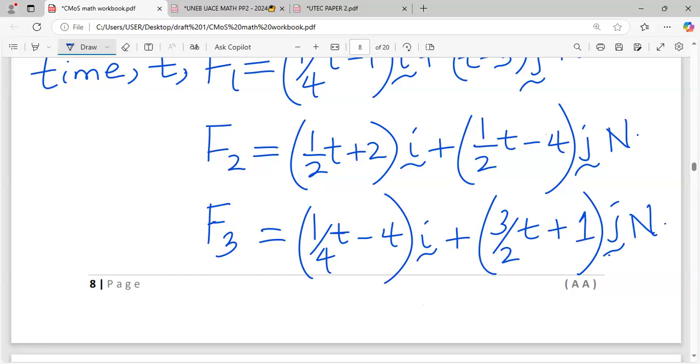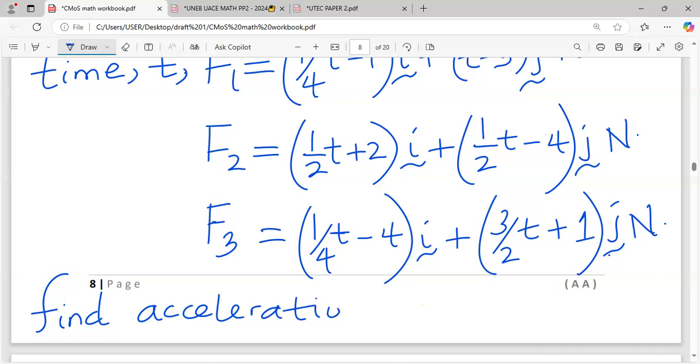Then the question is find acceleration. Find acceleration of the particle at t equaling 2 seconds. Yes.